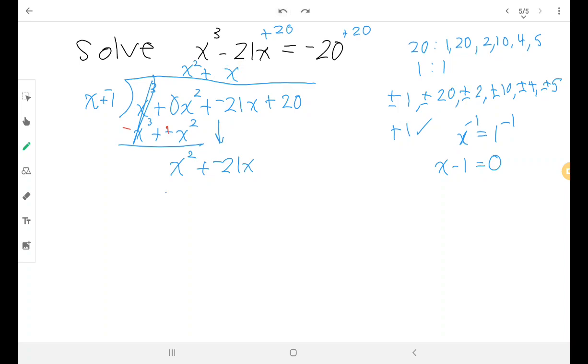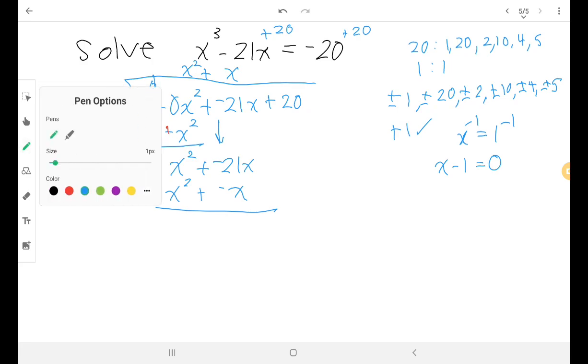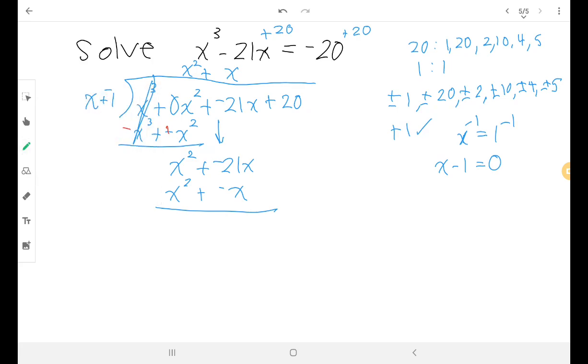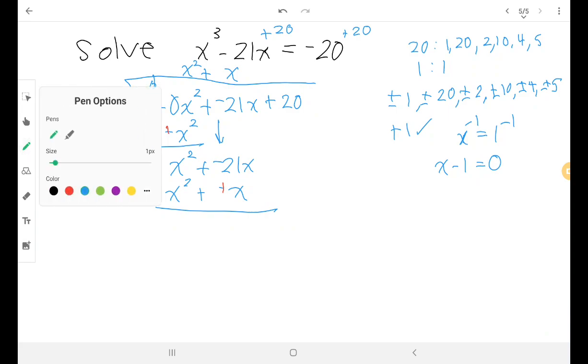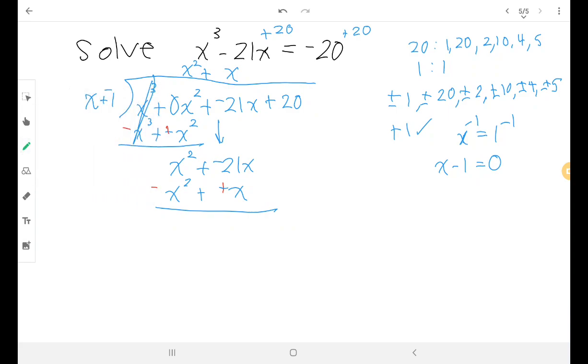X times x is x squared, plus x times negative 1 is negative x. Change the signs. Distribute a negative 1, which changes the signs so that I am subtracting. These two cancel. They better cancel. That's how you designed it. And then negative 21x plus x is negative 20x.